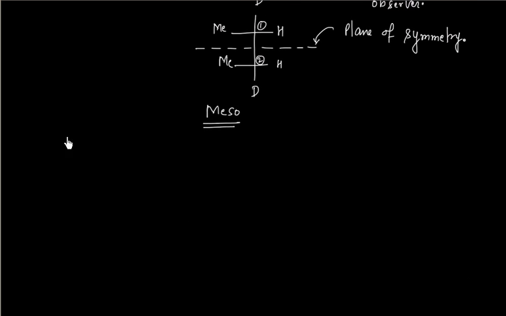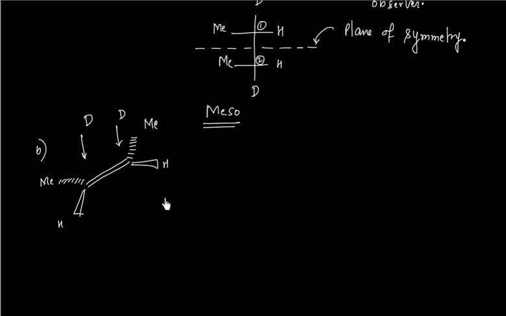Now let us look at option B, that is if attack happens from the top face. So if deuterium is added from the top face, this group will go slightly down, this will go slightly down, this will go slightly down, this will also go slightly down.